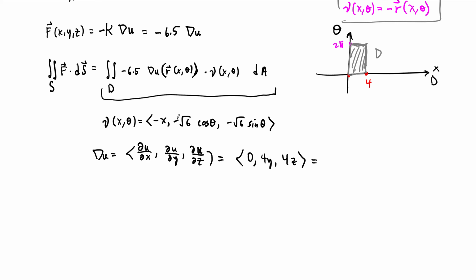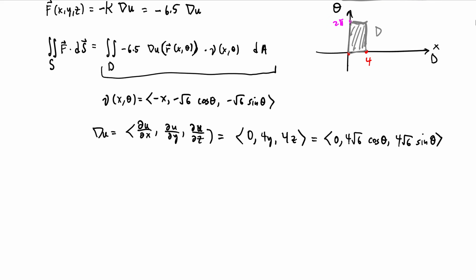And when we plug in our components, remember this is minus r, we have to plug in r for this. So there's a 0 still, then 4 square root of 6 times cosine theta, and then 4 square root of 6 times sine theta. And we need to dot these together. So we need to take the dot product of these, and then we'll have our function that we're going to integrate in our (x, theta) rectangular plane.